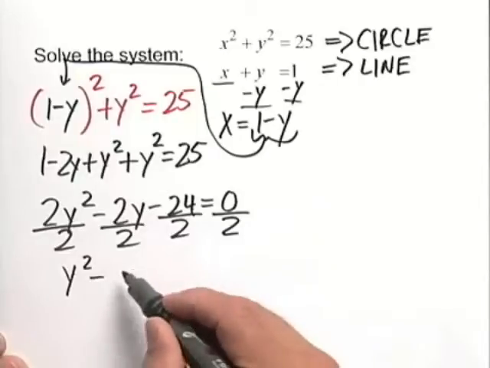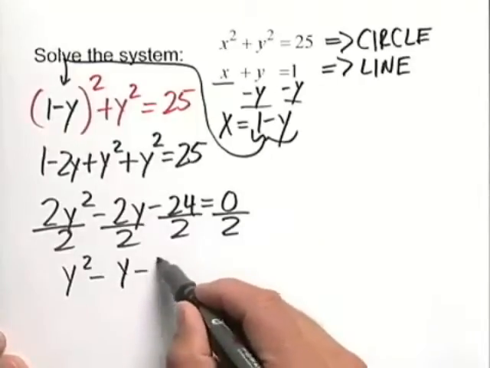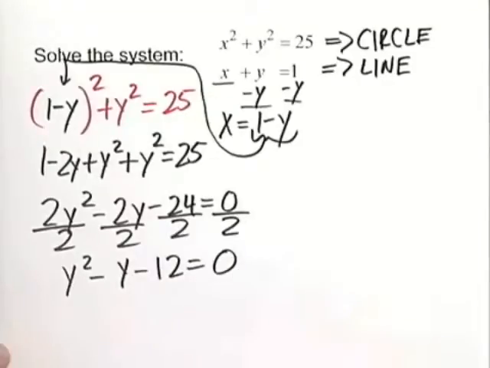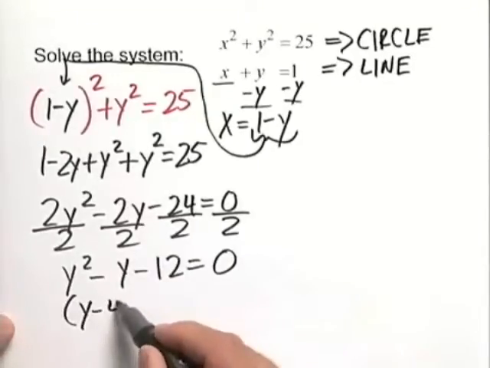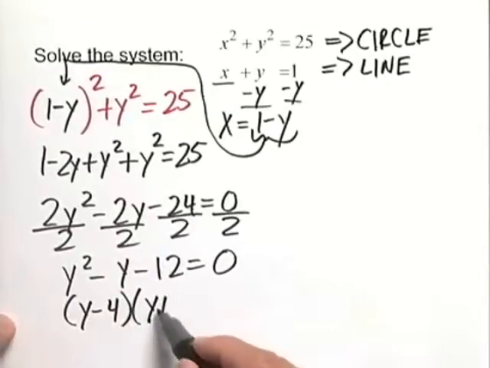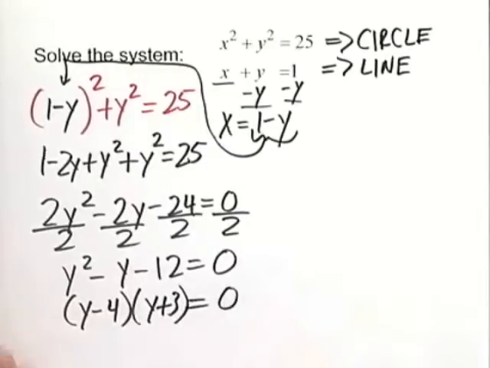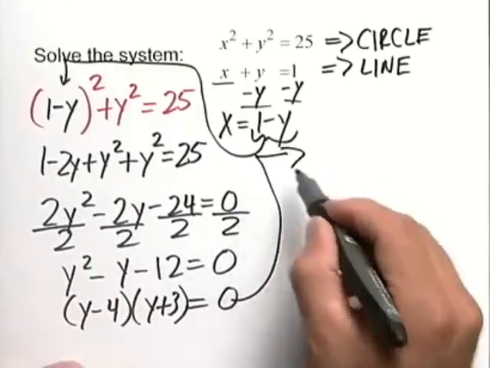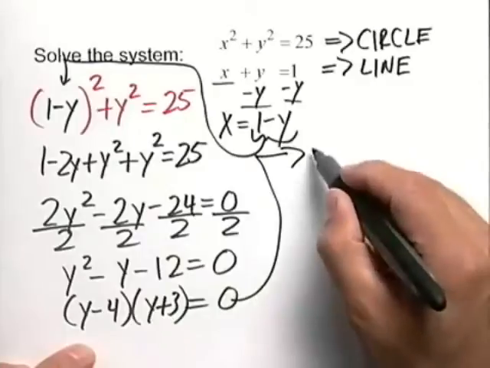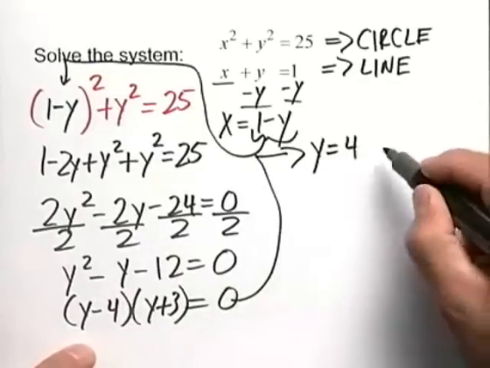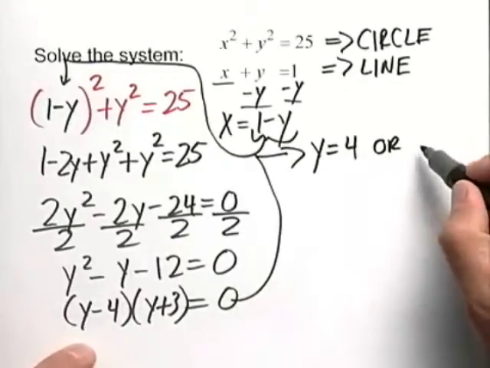We have y squared minus y minus 12 equaling 0. Factor that out, y minus 4 and y plus 3 equaling 0. And we've seen a lot of examples of this. And from this we have our two solutions, y is equal to 4 or y is equal to a negative 3.